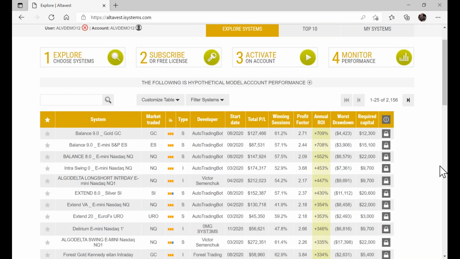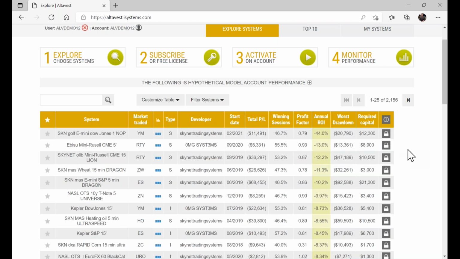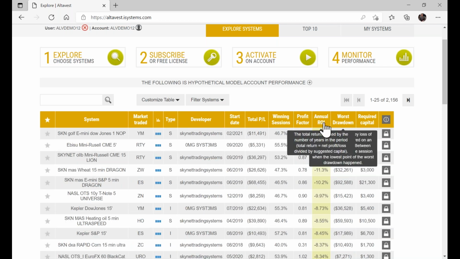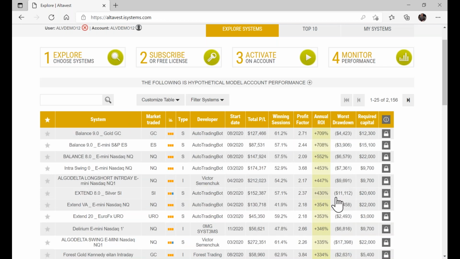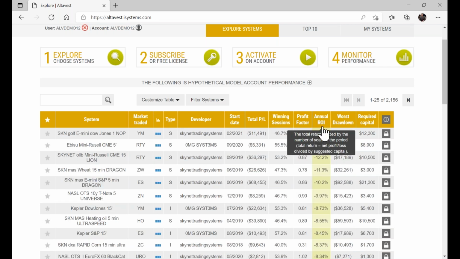So you can see the best systems here have over 700% return annualized ROI, and the worst is negative 44%. I would keep in mind that any system that has big performance numbers like this is also going to have big drawdowns. So higher the return, higher the risk.